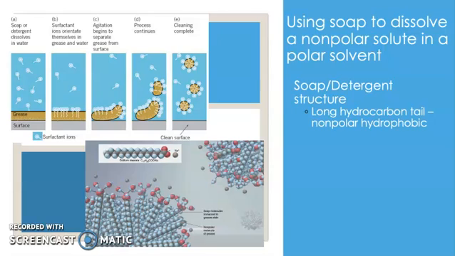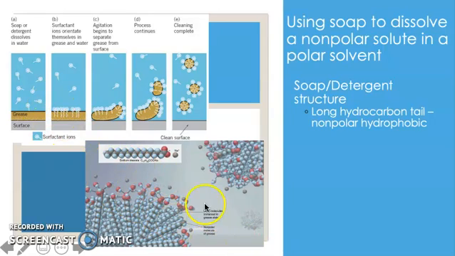Those nonpolar tails are going to go towards the grease because grease is also nonpolar, and water alone doesn't remove grease because water is polar and grease is nonpolar, so like does not dissolve like very well. It's just like if you had vegetable oil on your hands and you try to wash it off, you cannot get it off just with water. Usually you need to use some sort of soap.